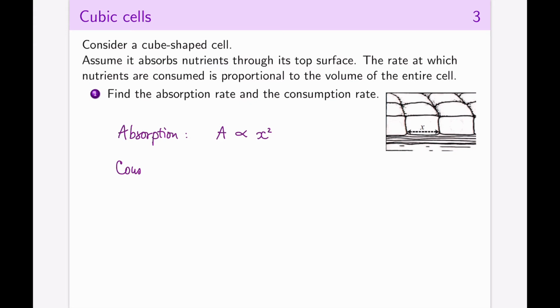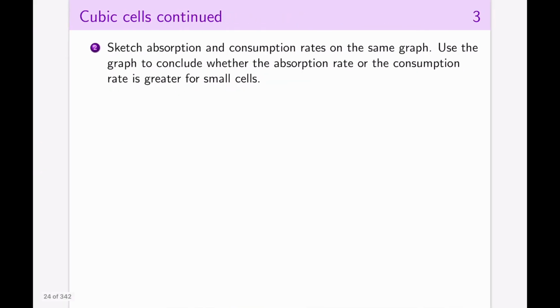The consumption, though, is proportional to the entire volume of the cell, which is length times width times height, x times x times x, or altogether x cubed. So while we traded the radius for the side length, we see a very similar relationship: the absorption is proportional to the square of the characteristic measurement of the cell, and the consumption is proportional to the cube of it.